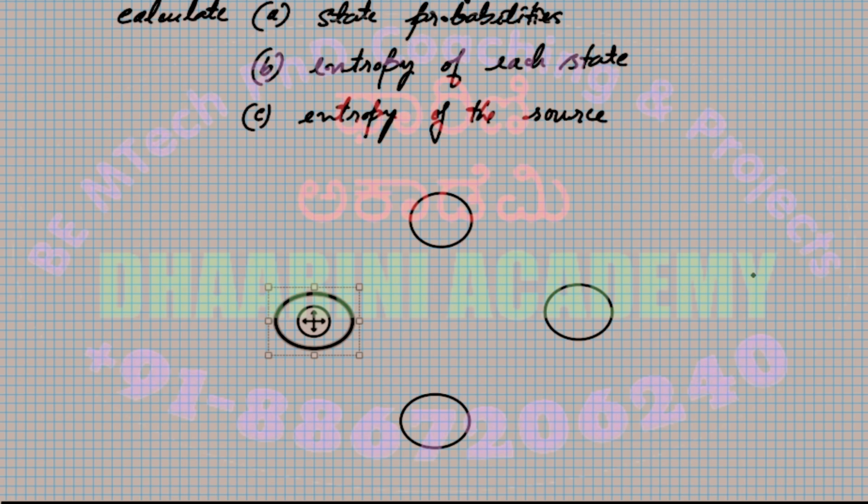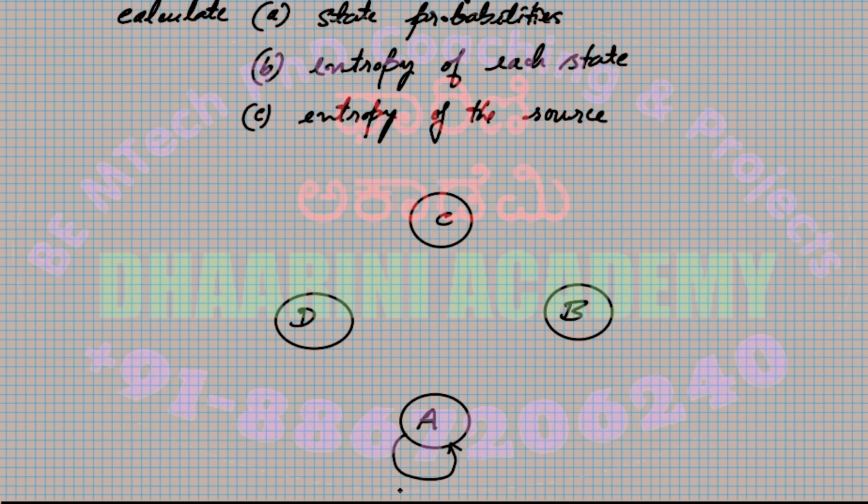Let's give some names to the states. This is state A, B, C, and D.